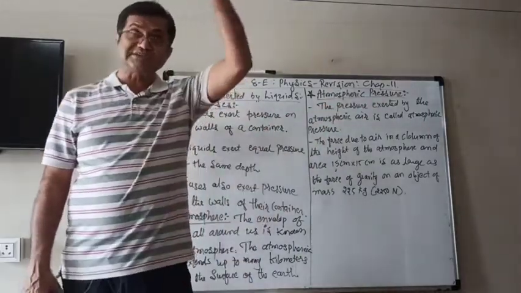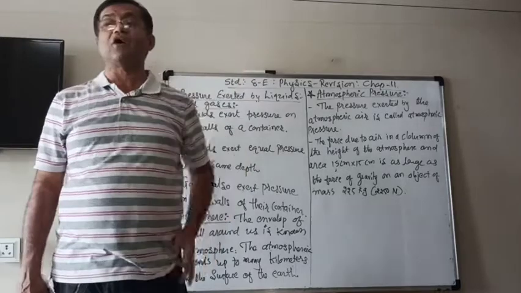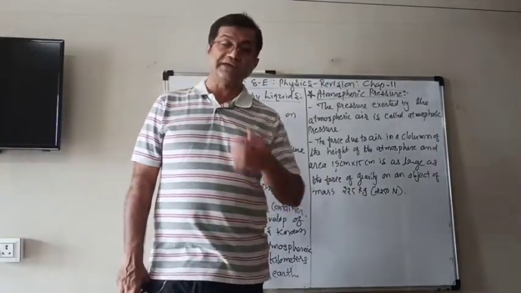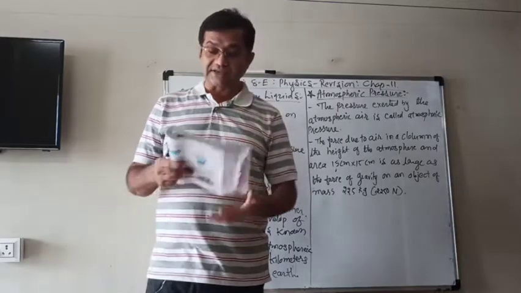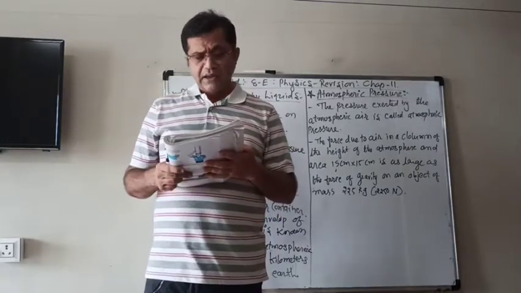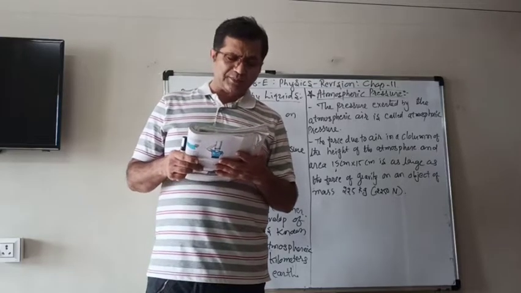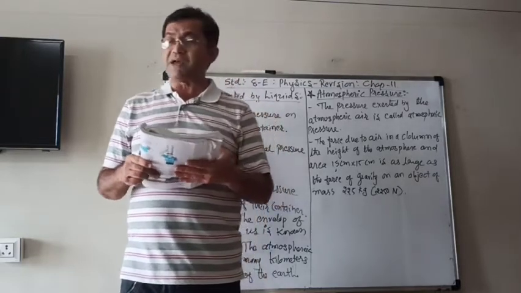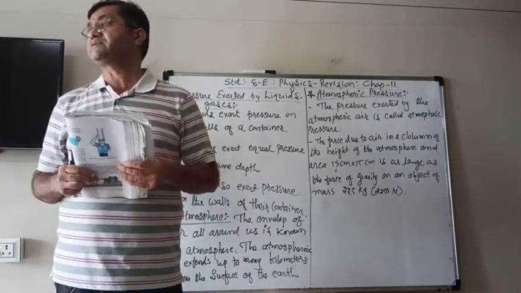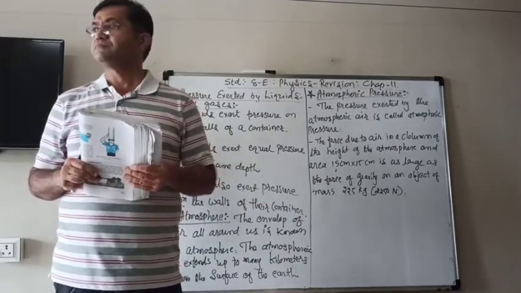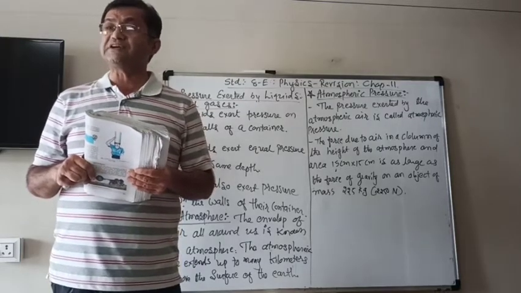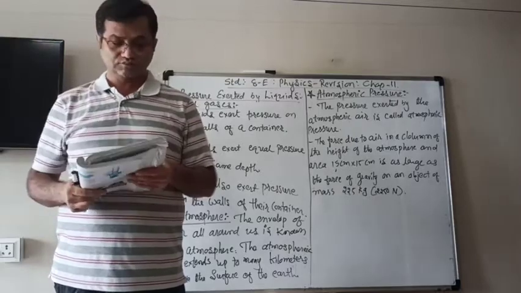So the gases all around us are also exerting pressure on us, and as I told you, it is known as atmospheric pressure. Now, if you imagine this atmospheric pressure, it feels like nothing, but in fact there is a lot of pressure exerted on our head also.